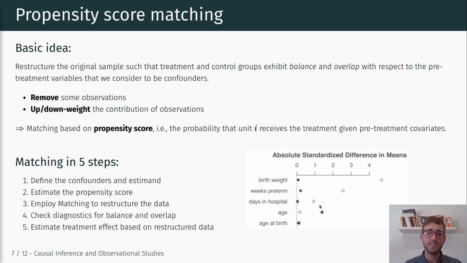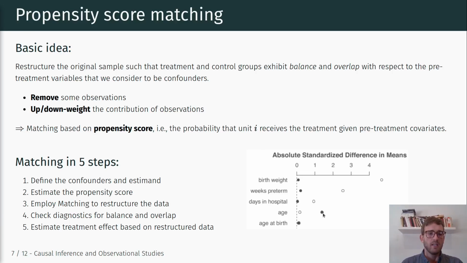We can also see that oftentimes there's a trade-off between balance in one confounder versus another. After the matching, we have a pretty good balance with regard to the first three confounders, but the trade-off was that the imbalance with age was slightly increased. That's quite usual to see such trade-offs between balancing some covariates versus others.